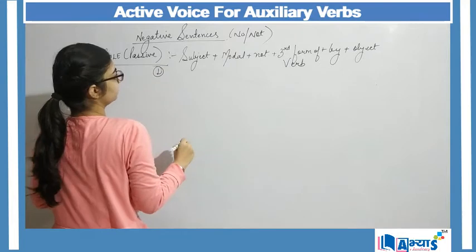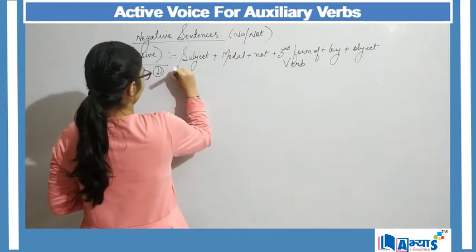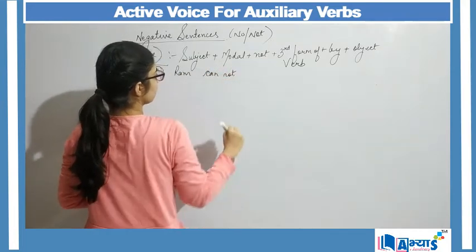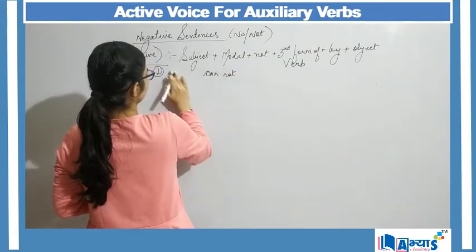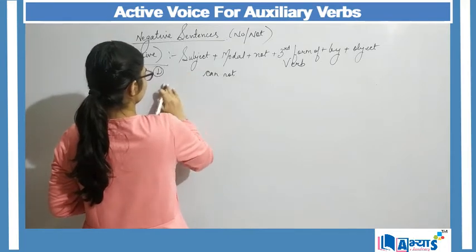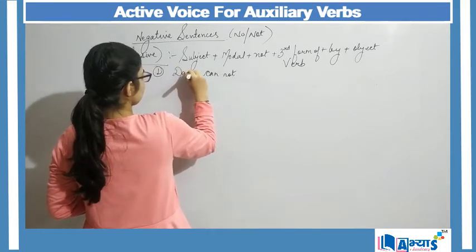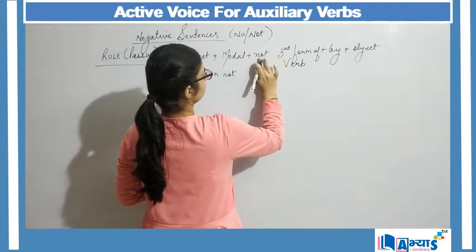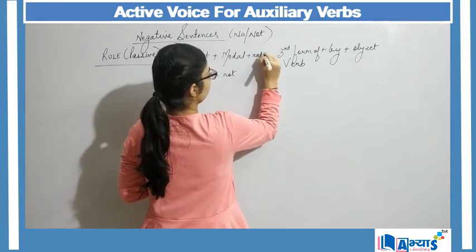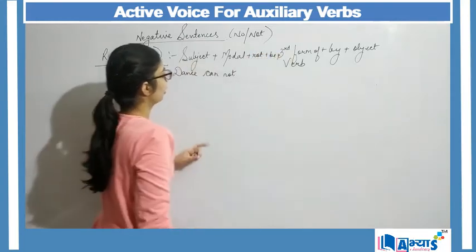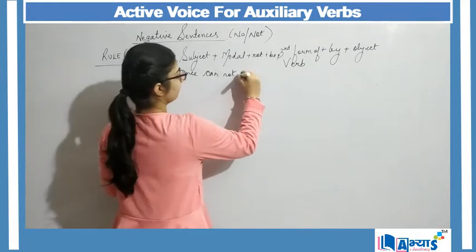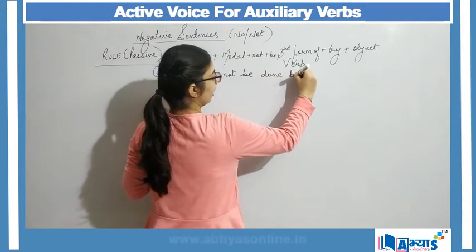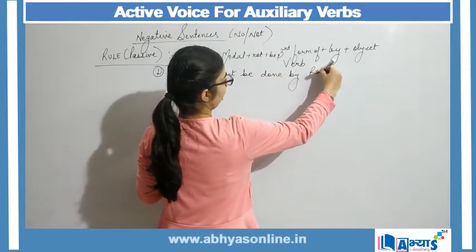An example can be: Ram cannot dance. In passive, with not plus be: dance cannot be done by Ram.